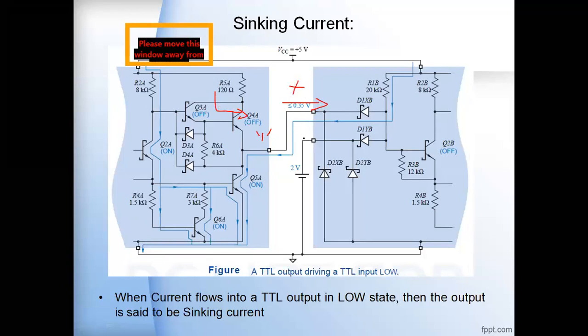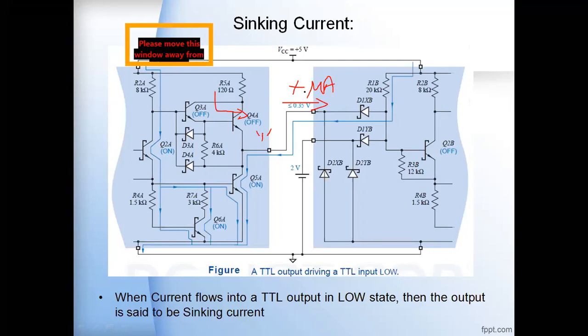But what will be the current here? The current will be in the order of microamperes. Why microamperes? Because this high state output makes the input diode D1 reverse biased. When it is reverse biased, only a microampere range of current will be flowing in the diode. So it is the plus current.